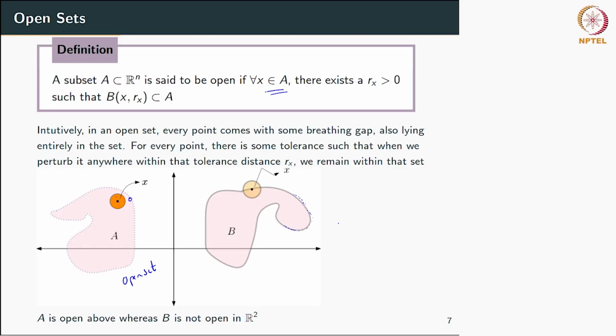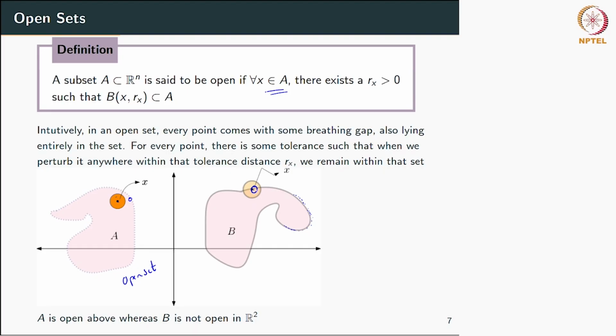We will later on give a precise definition of a boundary of a set. For the time being we will take that these are the boundary points, and if you pick a point x on the boundary, no matter how small the radius is, if you draw a ball around that, even a smaller ball, not all points in that ball are elements of the set B. So, the set B is not an open set.